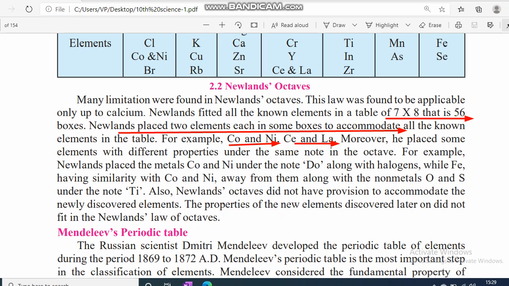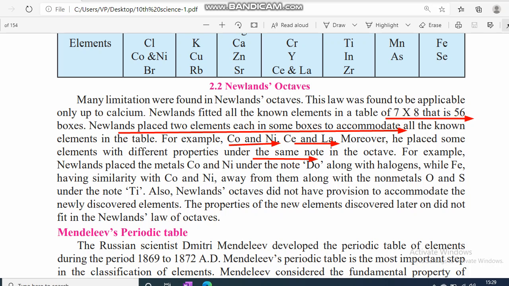Third, he placed some elements with different properties under the same note. For example, cobalt and nickel show similar properties, but they were placed under the same note Do along with halogens, though they do not show the properties of halogens. Fe under the note Ti also shows different properties than the other elements. These are some demerits of Newlands' octaves.